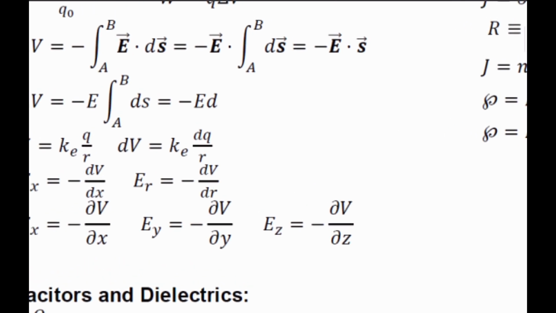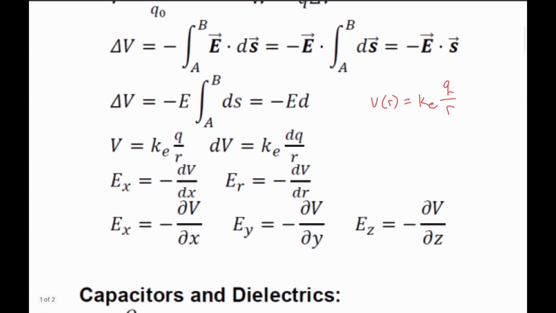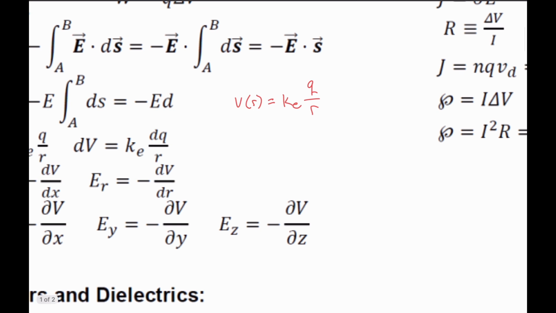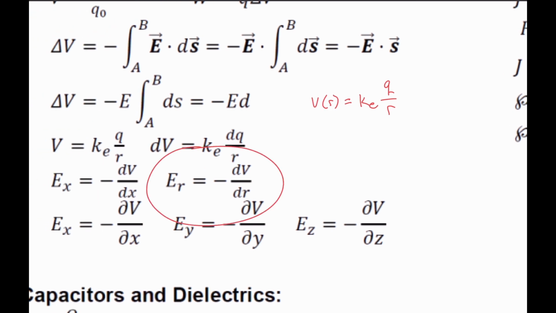I have V, which is a function of r, is equal to Ke q over r. That is exactly what I have here. Now let's say I want to find the electric field. I can use this equation over here, and I will say E subscript r. They just tell you r because, well, the electric field is a function of r, and it's pointing radially away. This is, again, telling you the potential of a point charge.